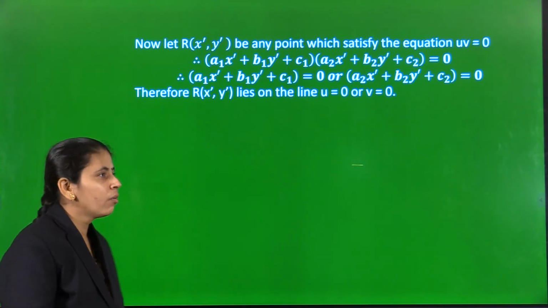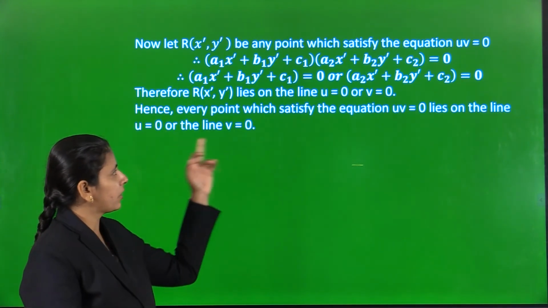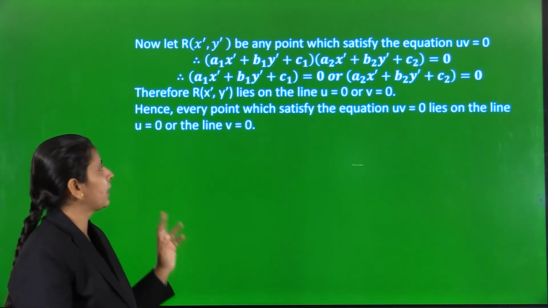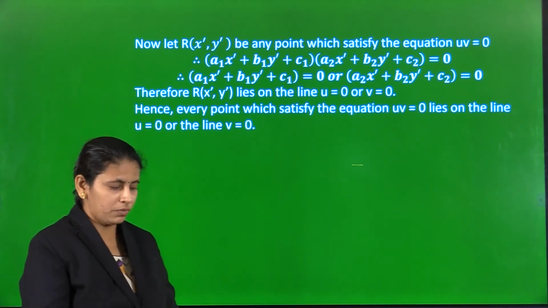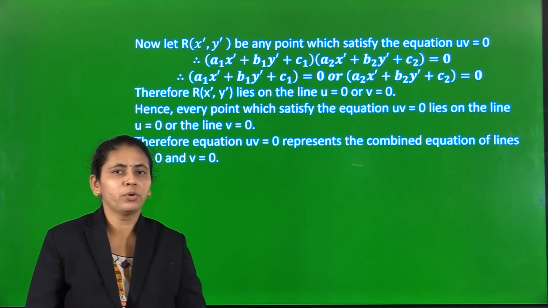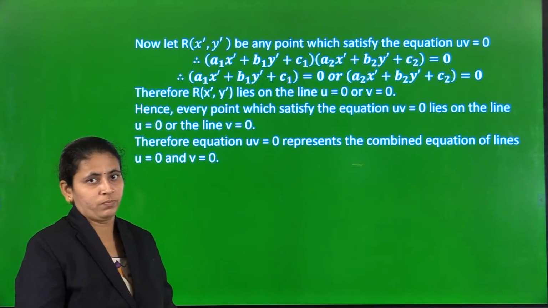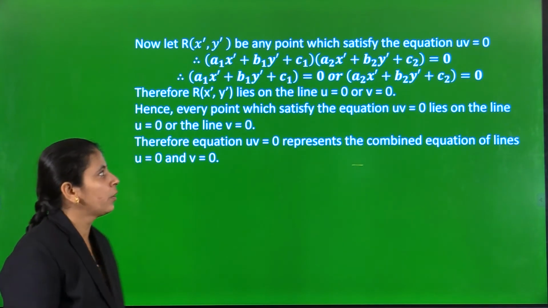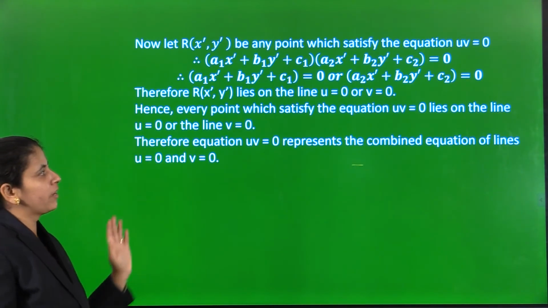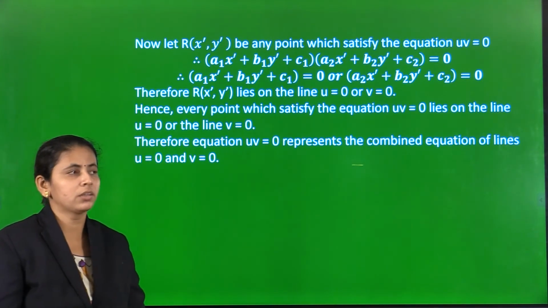And in this way we have proved the theorem, that is, the combined equation of lines u = 0 and v = 0 is uv = 0. Now after studying this theorem we see some remarks.